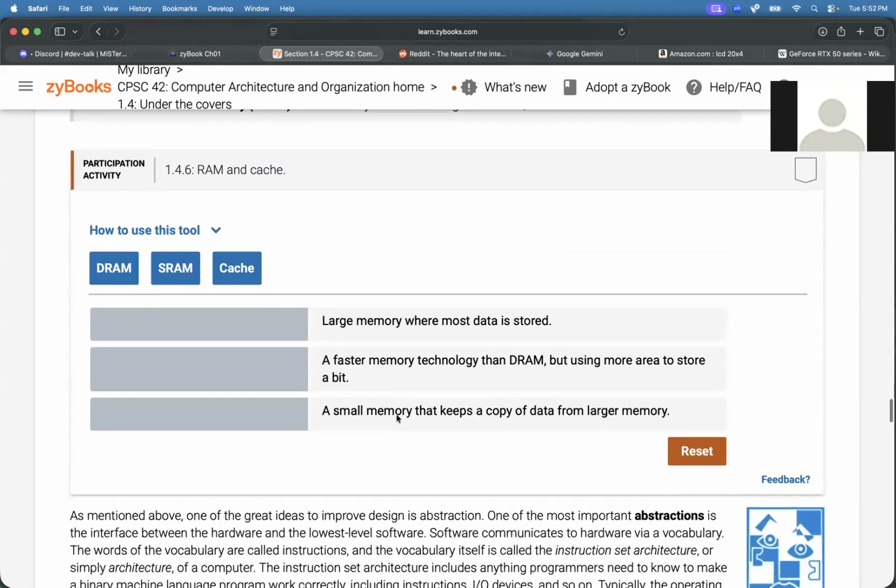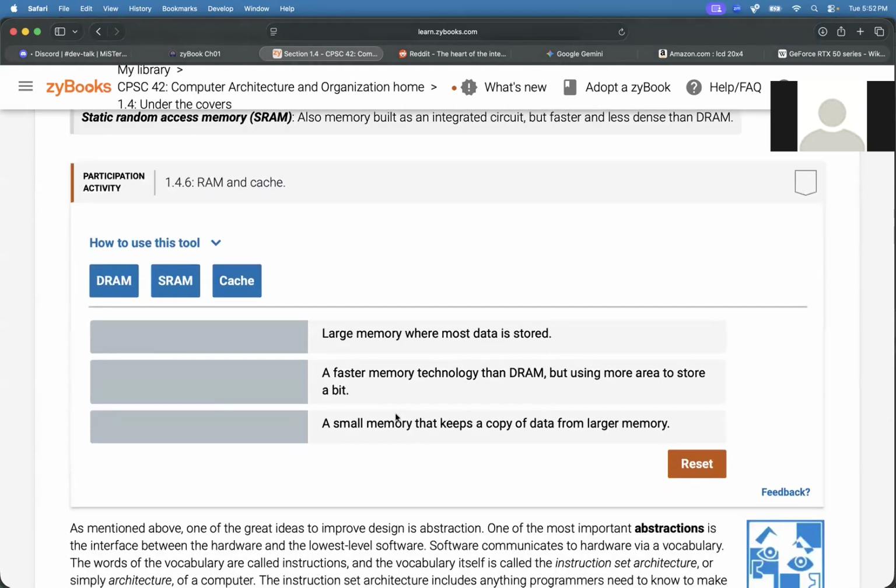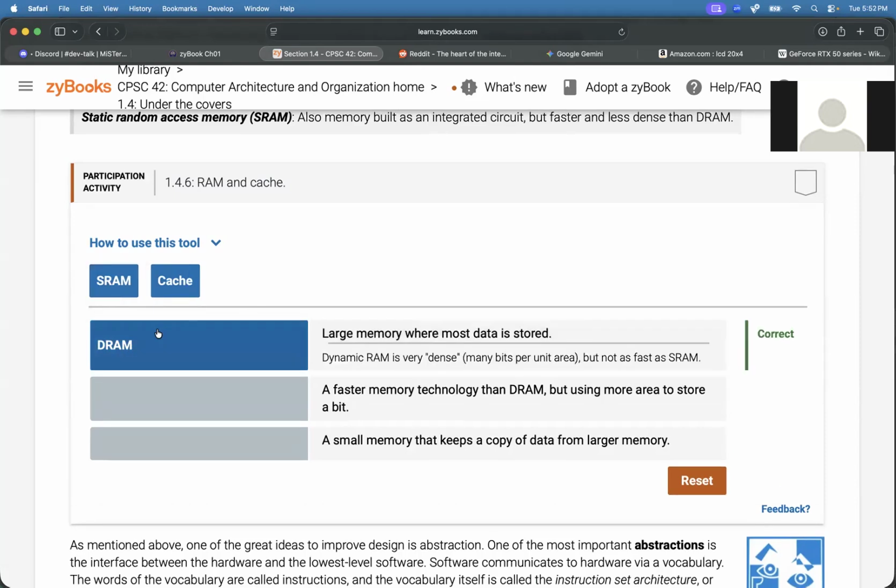All right. So we sort of talked about this just a little bit when we were talking about memory hierarchies. So your DRAM is like the main RAM. So like this is what I have 128 gigabytes of on this computer.